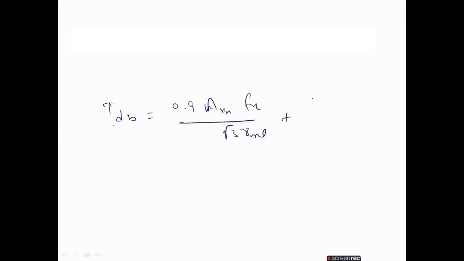After that, we have to calculate the second formula TdB, that is 0.9 into AVN Fu by root 3 gamma m1 plus ATG into Fy by gamma m naught.